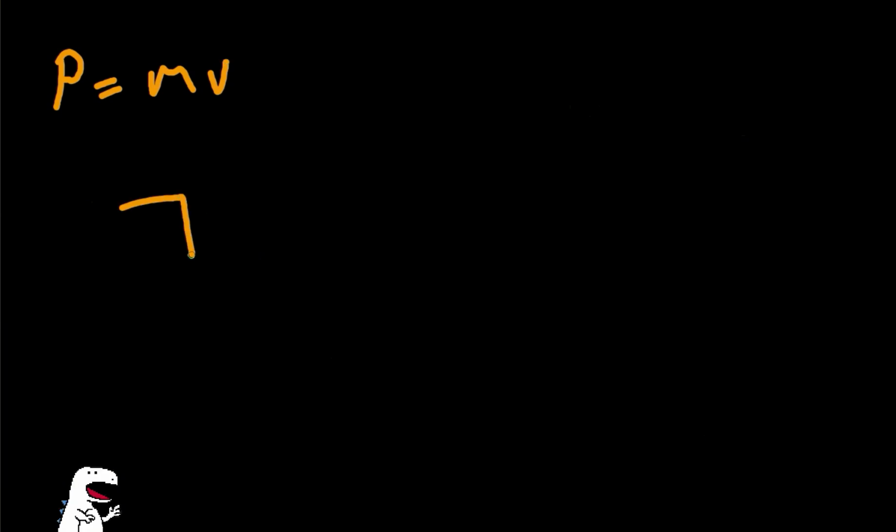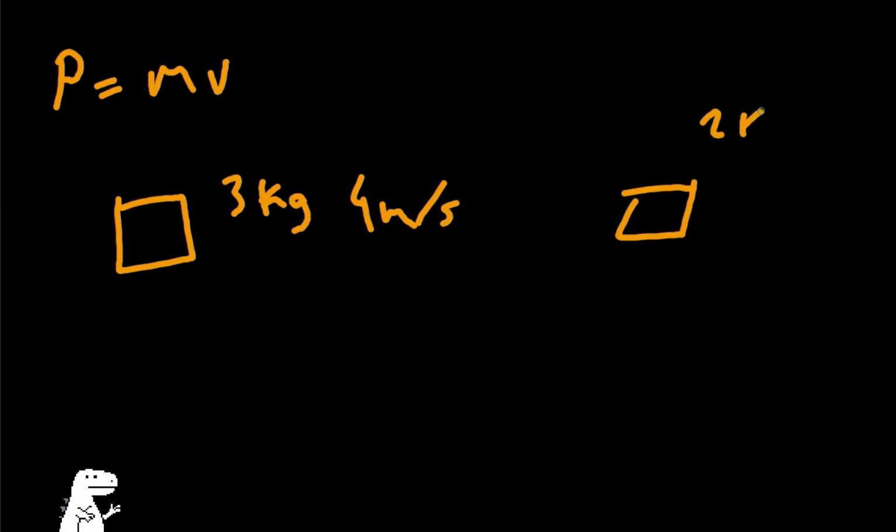So let's say we have an example where we have cart 1 of mass 3 kilograms and its velocity is 4 meters per second. And then we have cart number 2, which is 2 kilograms, but its velocity is 0 meters per second. So let's calculate the momentum before collision. So this is before these two collide.